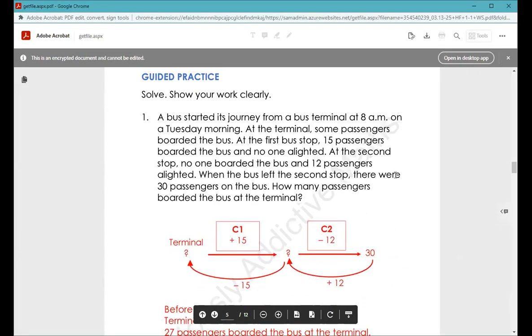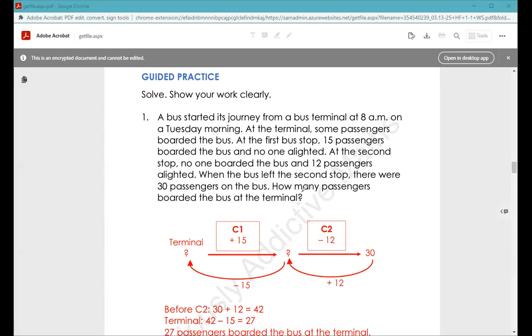Help them read the question as well. When do they need to use the working backwards method?